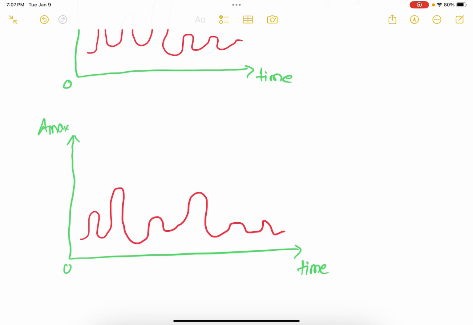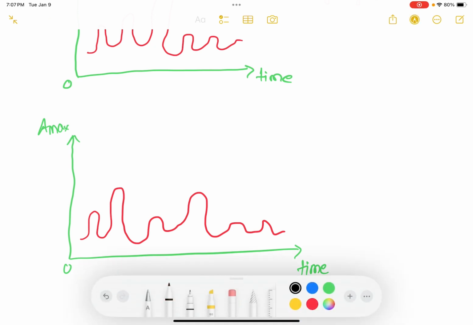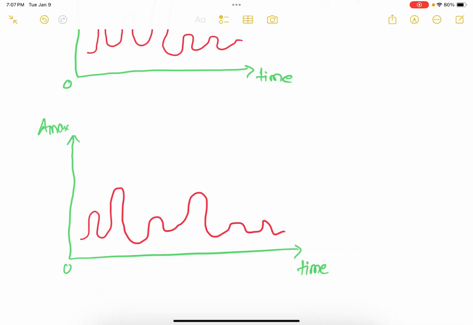Okay, so assuming that this was the temperature variation over a period of time, now what I'm going to do is, I'm only going to consider values at discrete intervals of time.